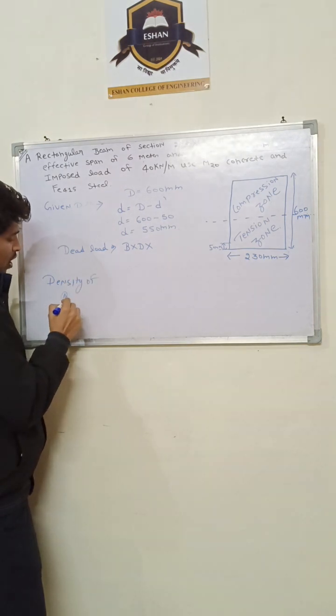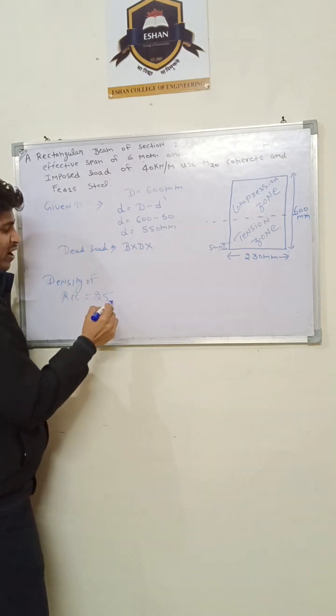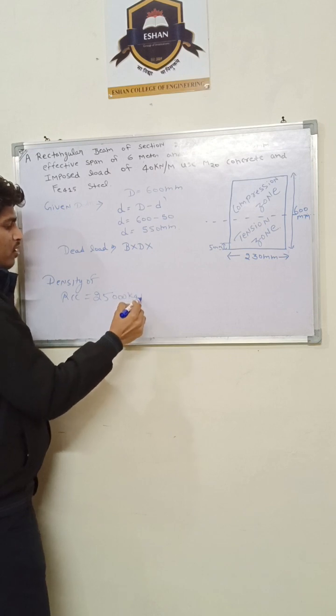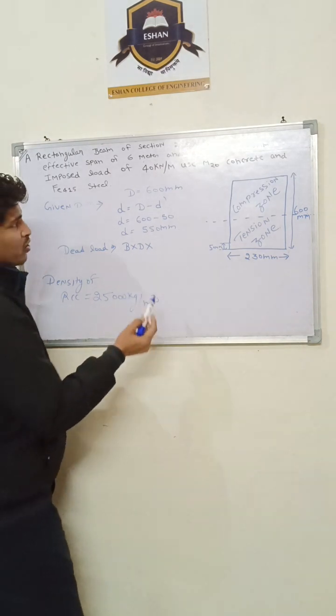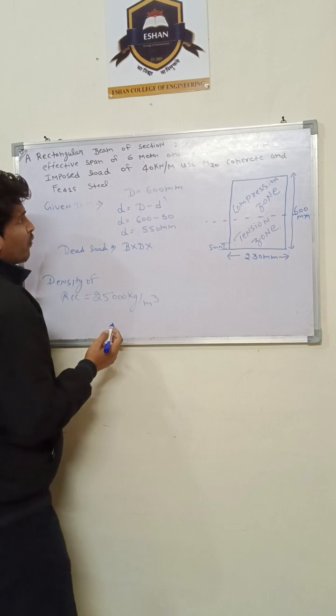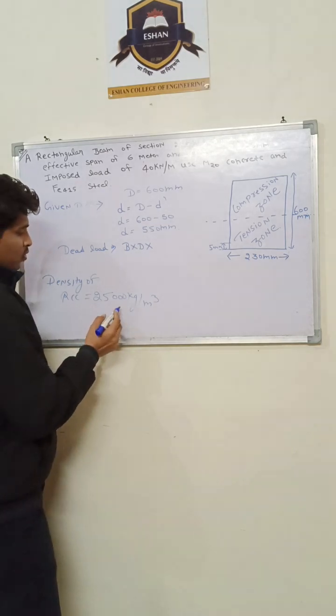Density of RCC is 2500 kg per meter cube. Here the value is given in kilonewton, so we have to convert this value into kilonewton.